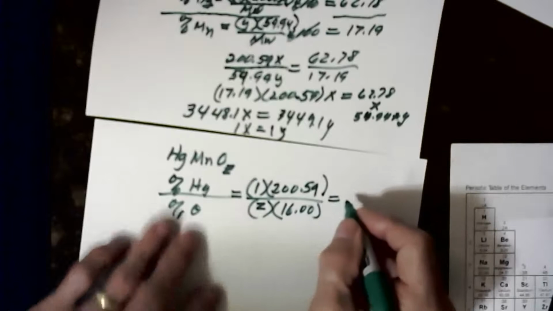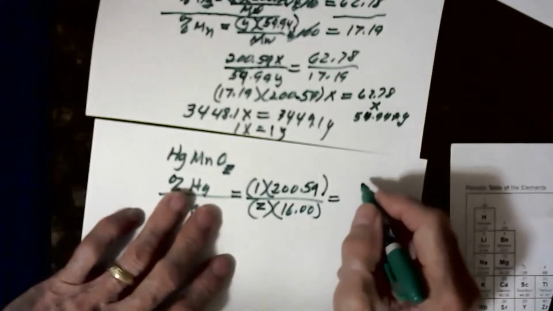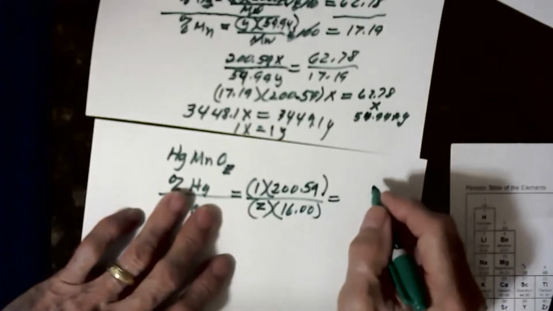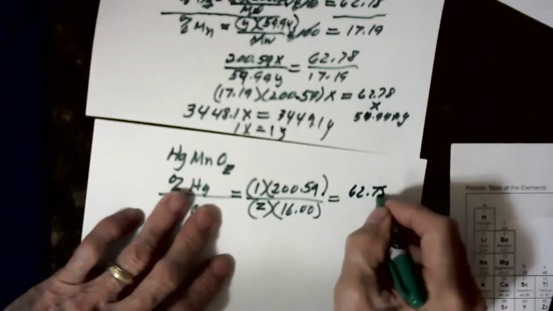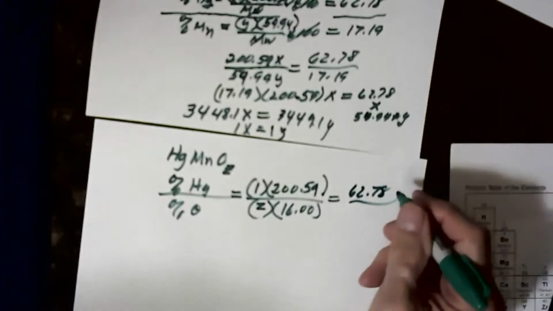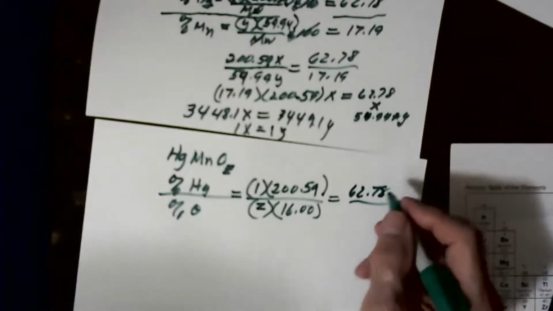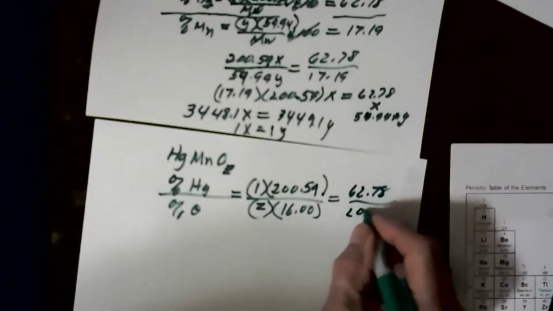Now that's going to give me my percent of mercury in the problem. It was 62.78. And the percent of oxygen is 20.03.